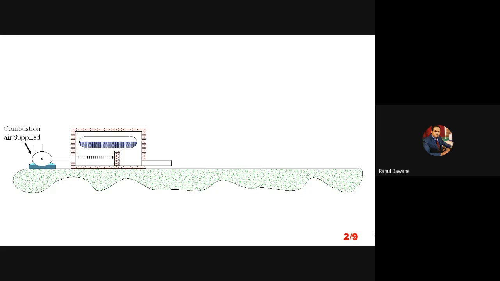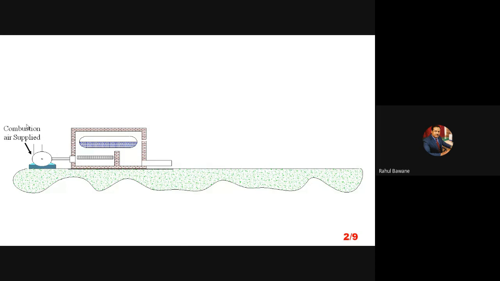This blower will forcefully supply air, and it will also assist all the flue gases to acquire a certain path. Otherwise, all the flue gases will accumulate in this chamber only, and there will be no output path.